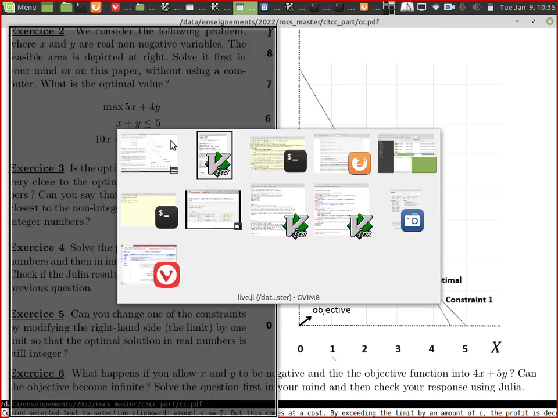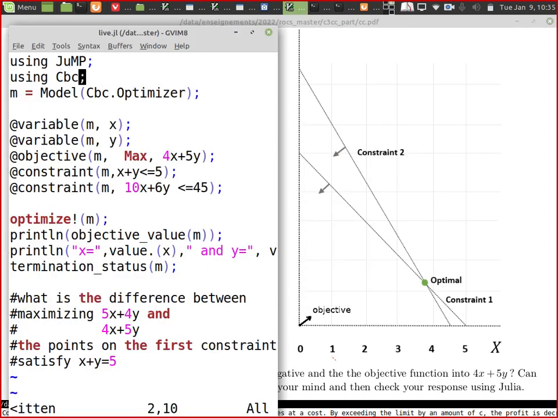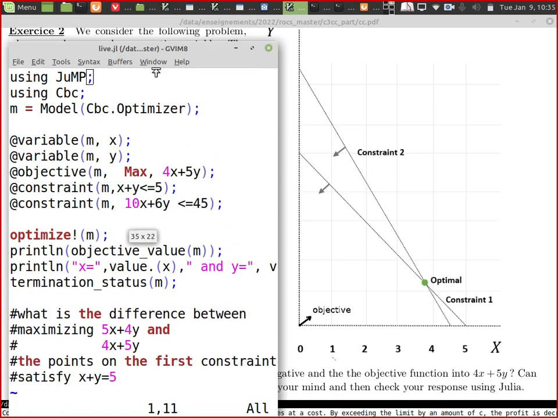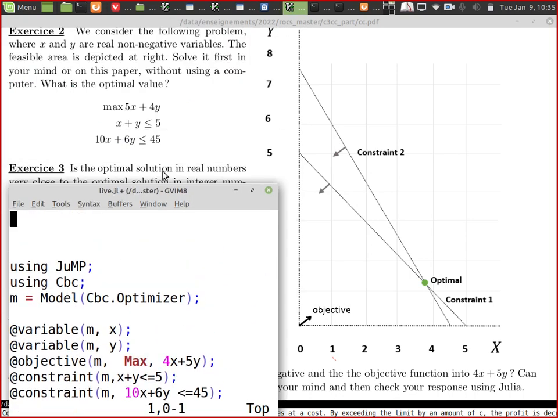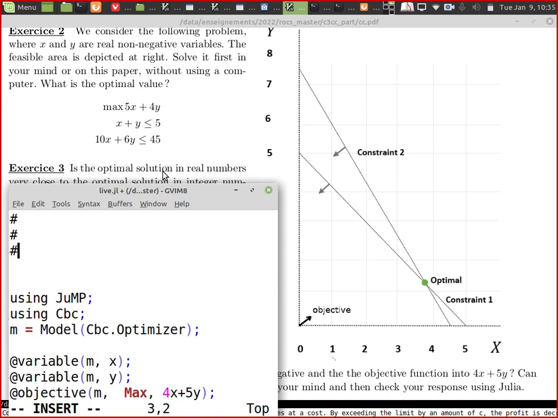So I will just write the new problem like this. Instead of 10x plus 5y less than or equal to 45, I will have 45 plus C. The budget is a bit flexible. I keep the first constraint as it was.